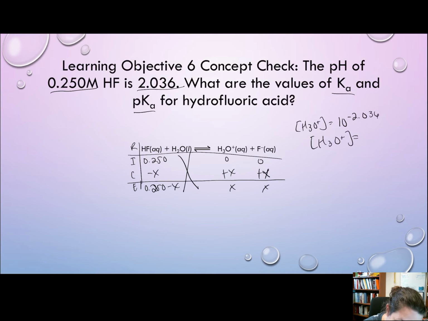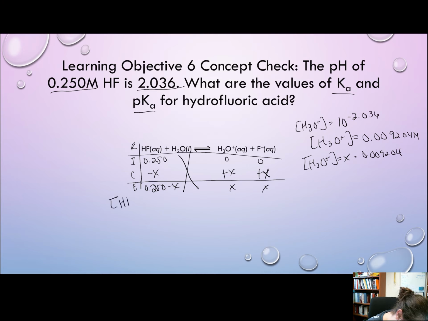Which gives us a value of 0.009204 molar. And since H3O plus concentration equals X, we know that X equals 0.009204.